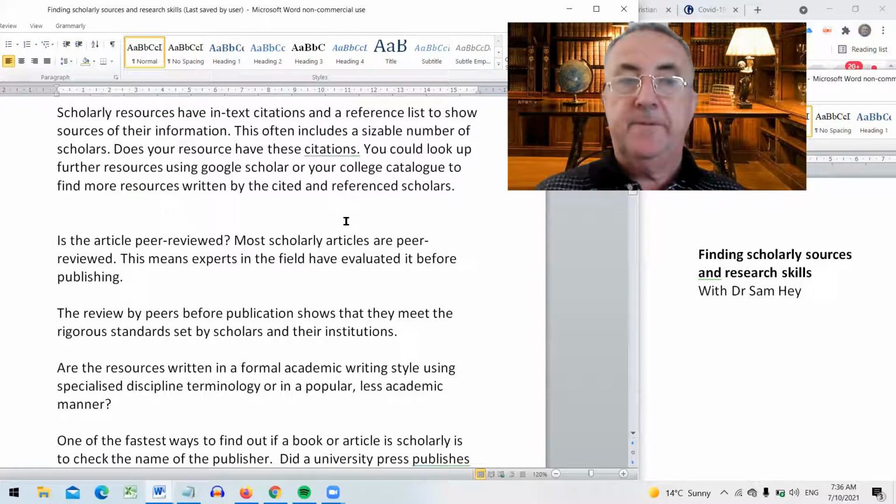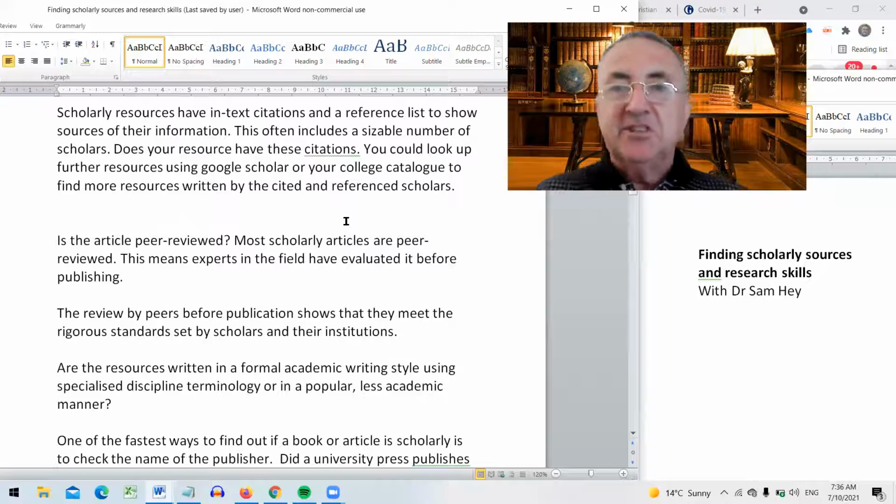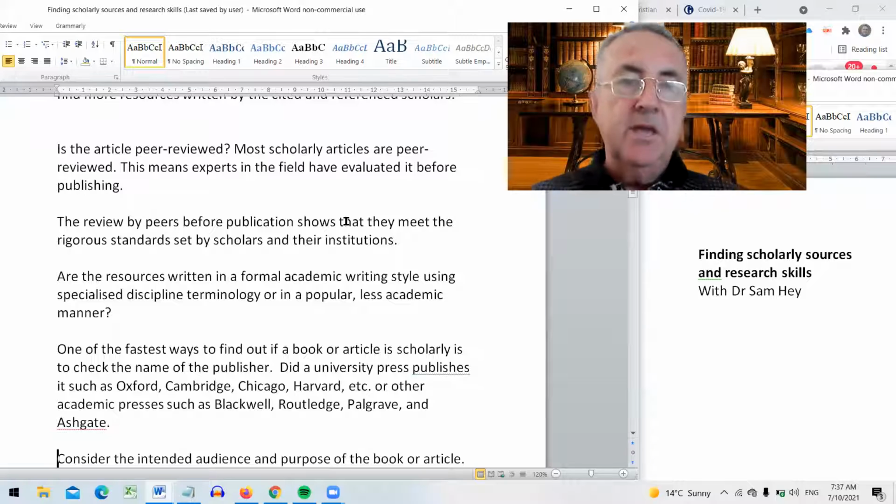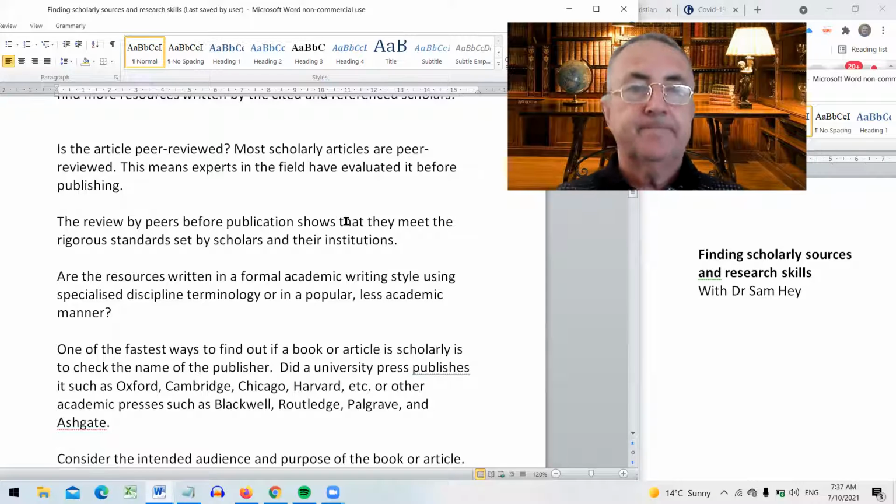And you can look up further resources or references using Google Scholar or the college catalogue once you find some of these cited scholars in each paragraph. That'll give you a lot more areas to explore, but again, you need to keep focused.